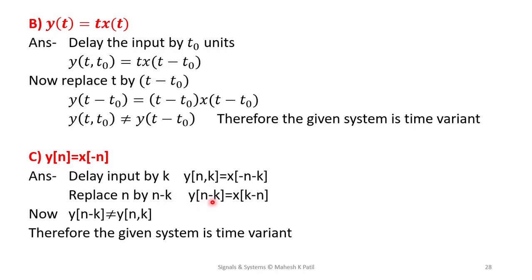So we get y(n minus k) as x(k minus n). Now from the observation we can write y(n minus k) is not equal to y(n, k). Therefore we can say that the given system is a time variant system.